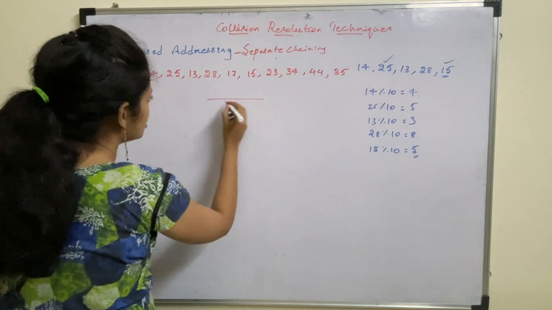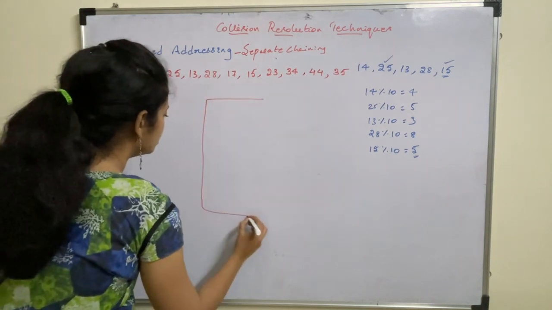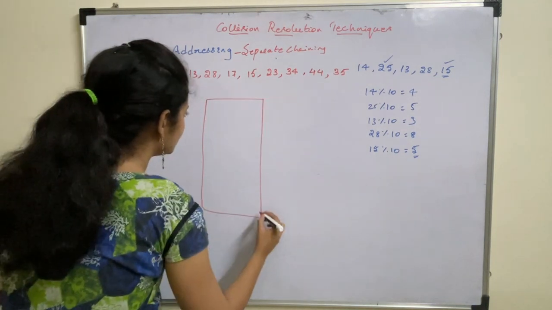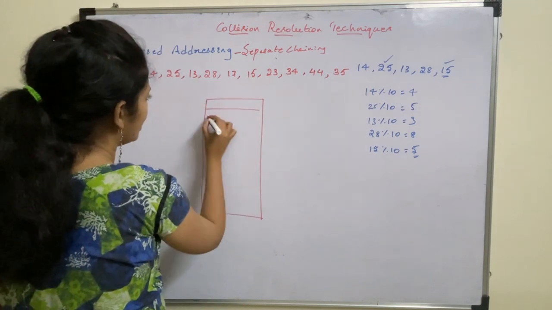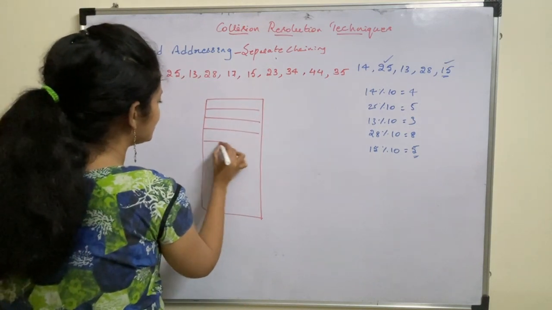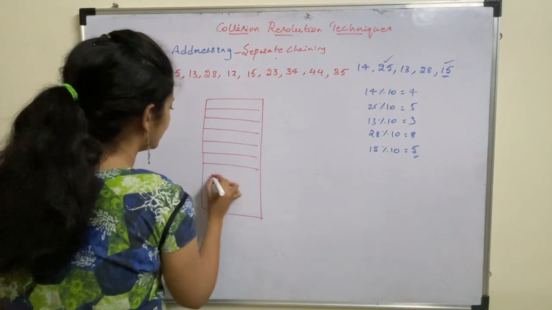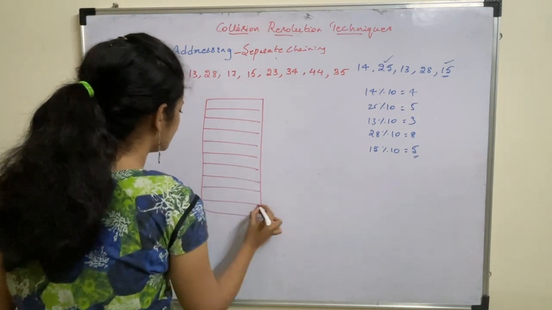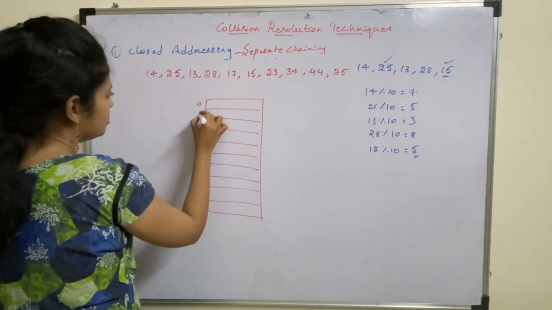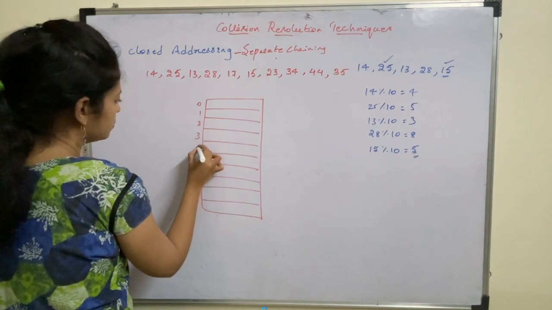Now let us take a hash table and try to insert these records or values into the hash table. So assume that the size of this hash table is again 10. So we'll have index values from 0 to 9.